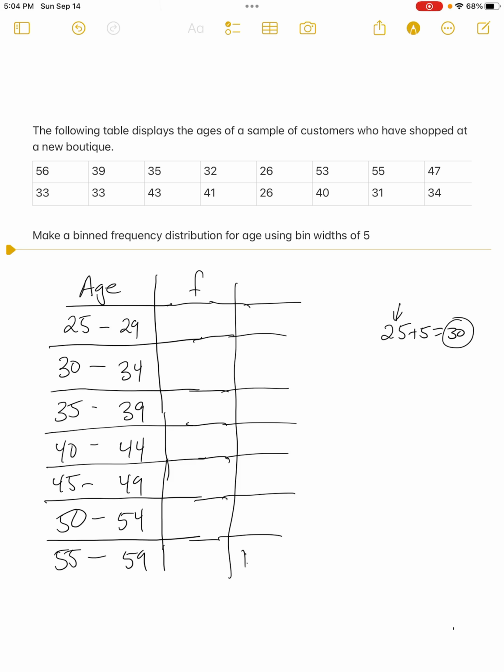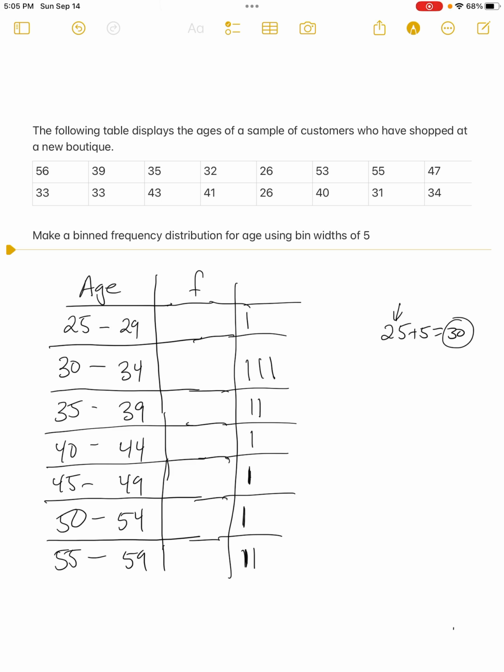So I'm just going to go value by value. So 56 is a mark down here at the bottom. I'll just keep making it deeper. 39, right here. 35, same area. 32, one above. 26, one above. 53, second to last. 55, last. 47, right there above, right here. 33, put a mark where the 33 should go.